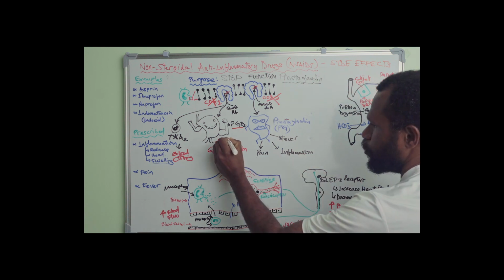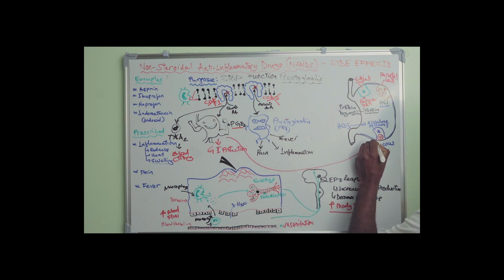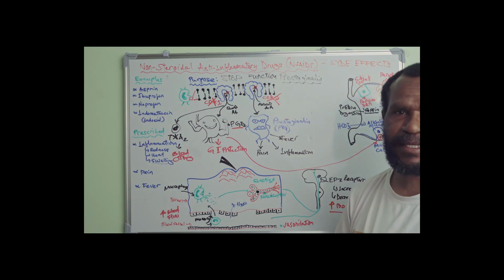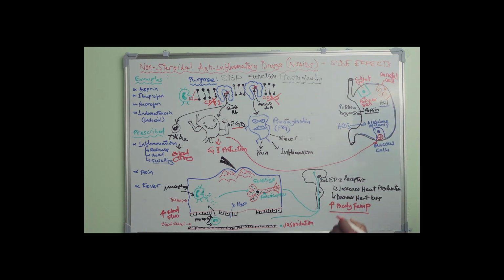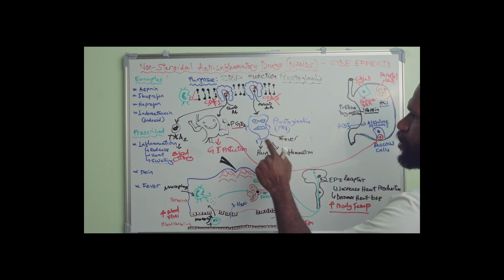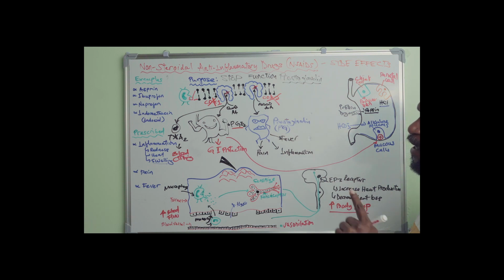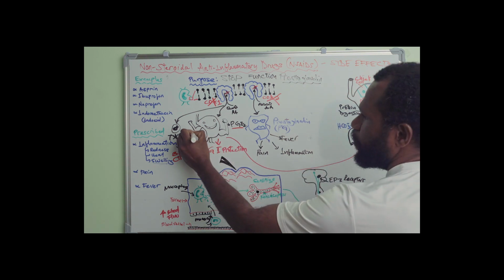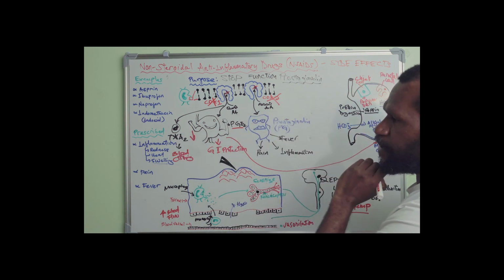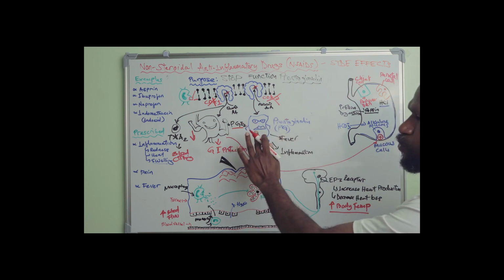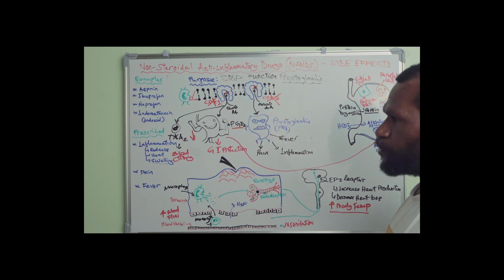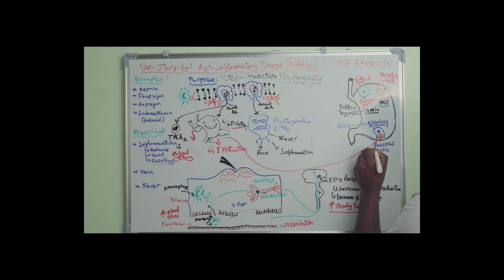So prostaglandin E2 stimulates the mucus cells to secrete mucus. So when there is no prostaglandin, or if the COX-1 enzyme is inhibited, then there will be a reduction in prostaglandin E2.